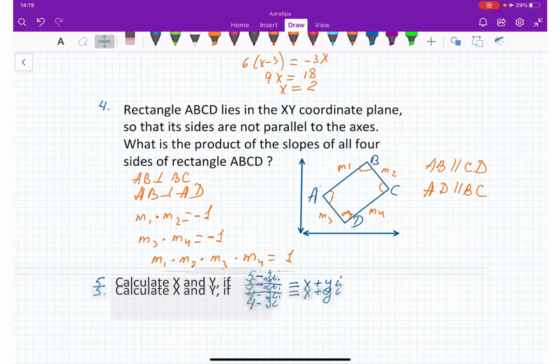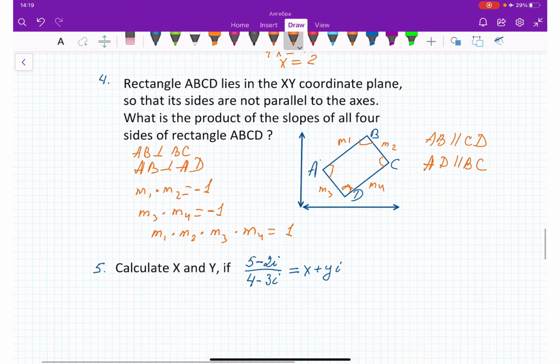Okay, that's all here. The key part is that we have 90 degrees, so the lines are perpendicular to each other, and the product of the slopes of perpendicular lines is going to give you negative 1.